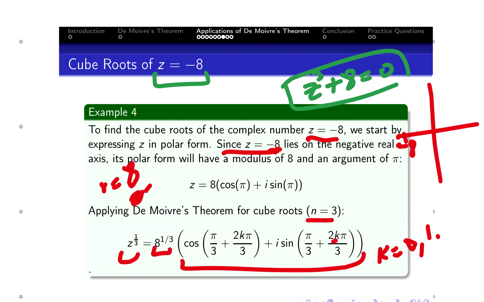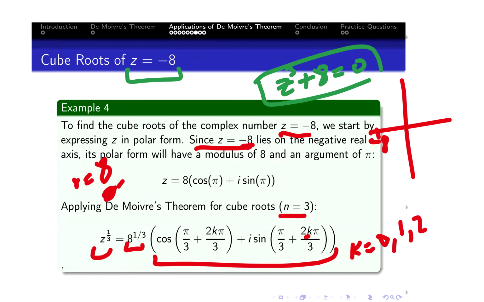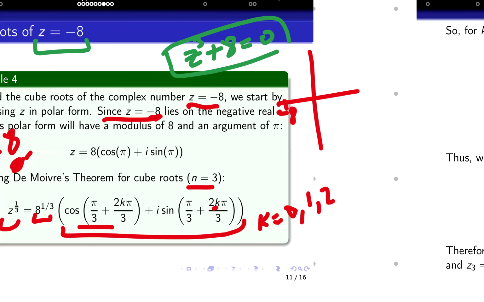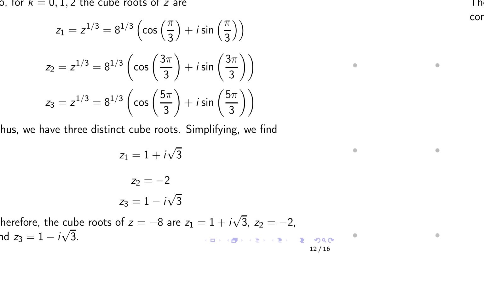So we have to keep referring to this. When k is 0, we have just pi/3, because the 2k part is 0, gone. That is what dictates what we have here, pi/3 each.